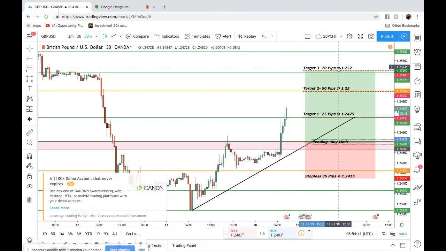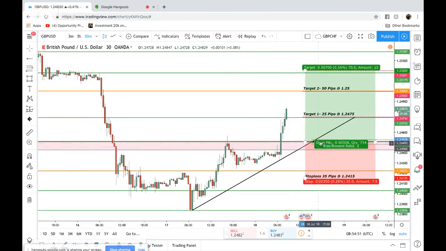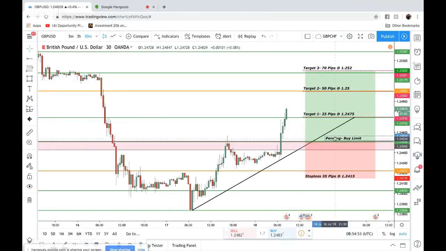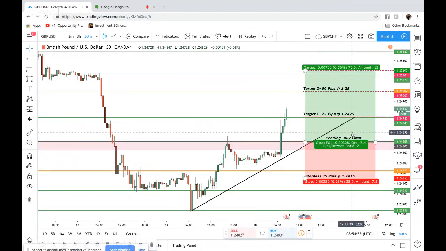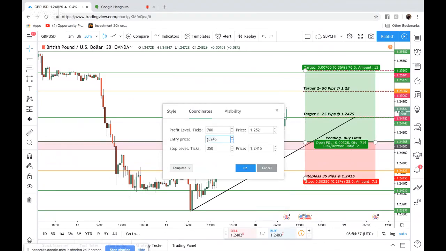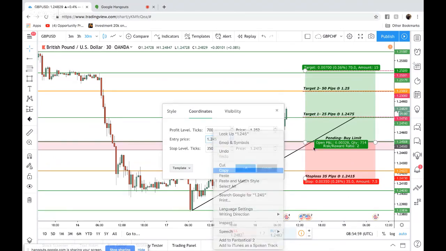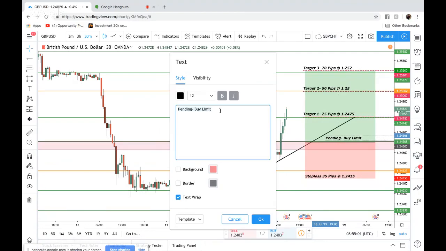So you can notice that the order that we're going to place is literally below the price of where the market is currently at. Buy limit, price for that is 1.245.